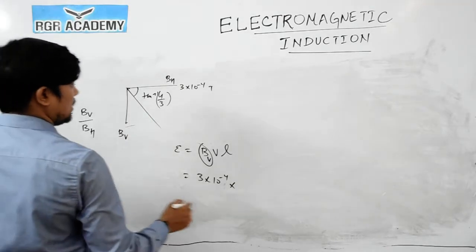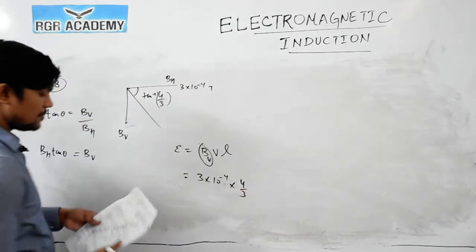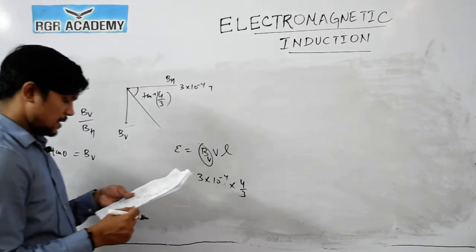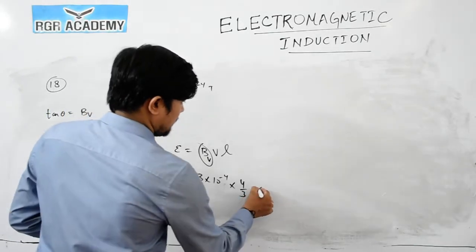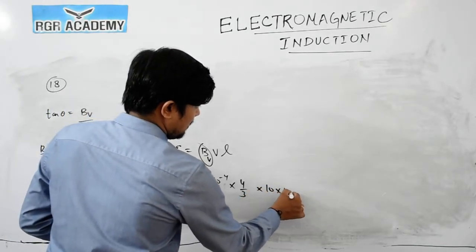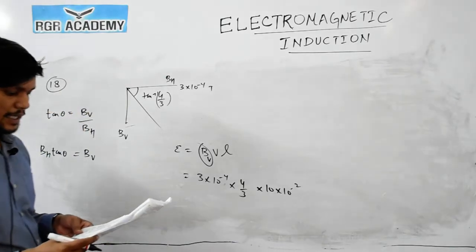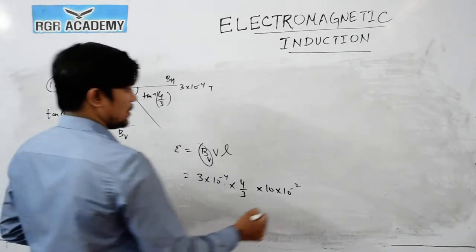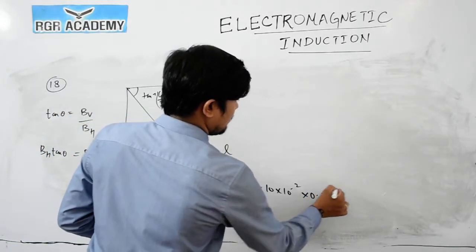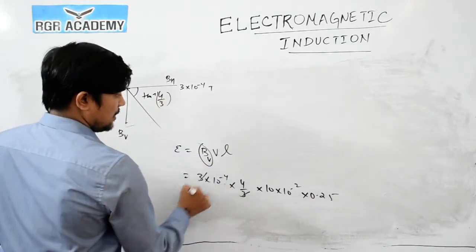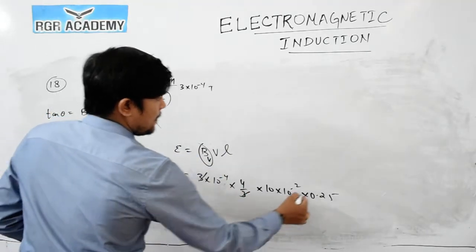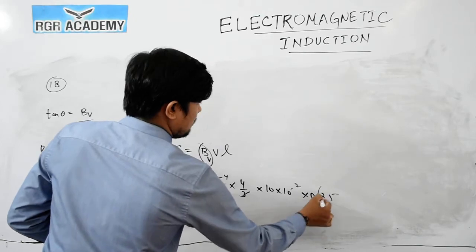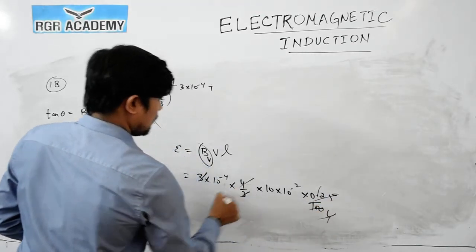So what is the value of tan theta? 4 by 3, into velocity, which is given as 10 centimeter per second, meaning 10 to the power minus 2 meter per second, into length 0.25. If you solve this, 3 and 3 will cancel out, and 4 and this 4 will cancel out.